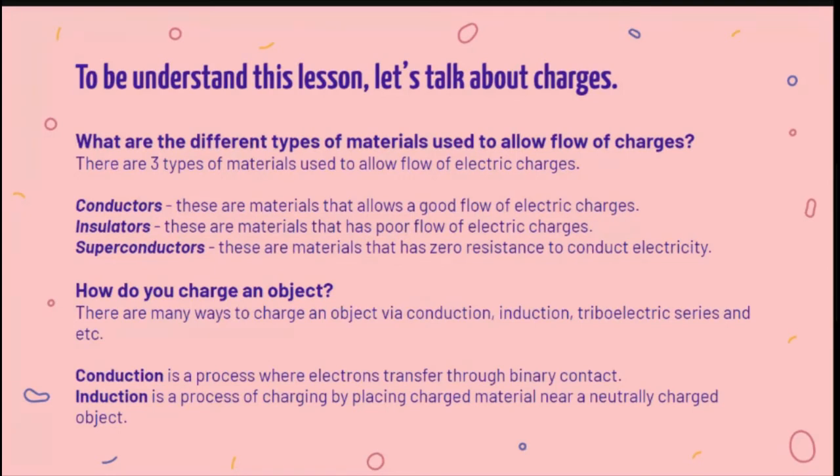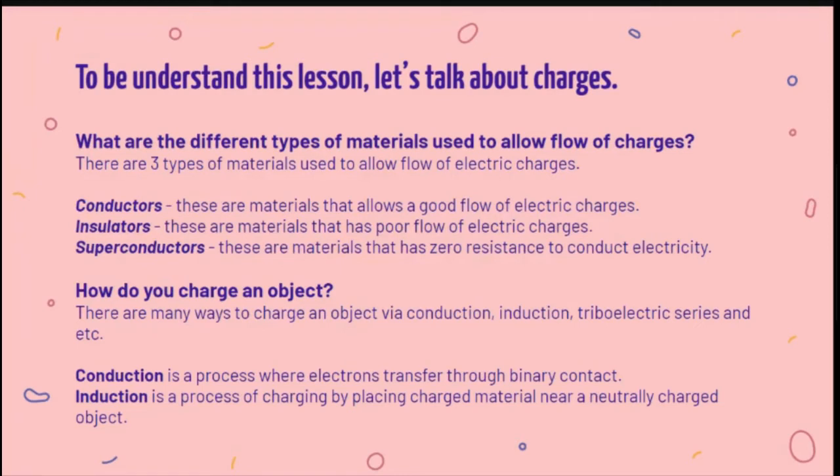Of course, if there are metals and non-metals, we need to understand how metals and non-metals are used in studying electricity to allow the flow of electric charges. Now, there are three types of materials that we use to allow the flow of electric charges.